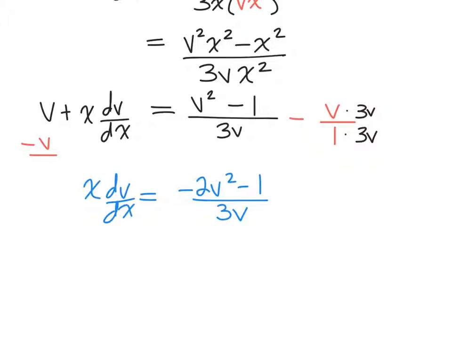Which is proportional. Again, not pretty, but proportional. The x's and v's now can be separated. So we're looking at 3v over negative 2v squared minus 1 dv is equal to 1 over x dx.